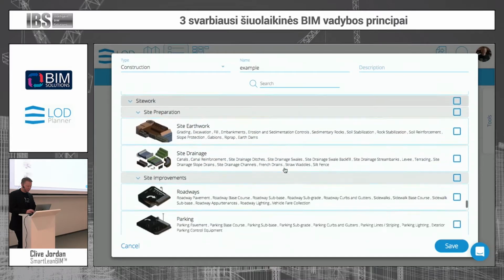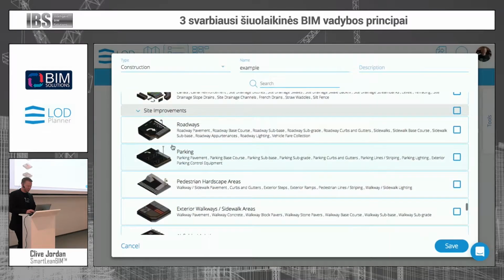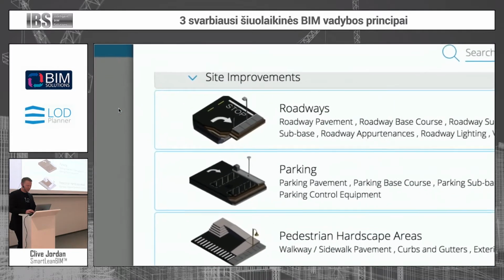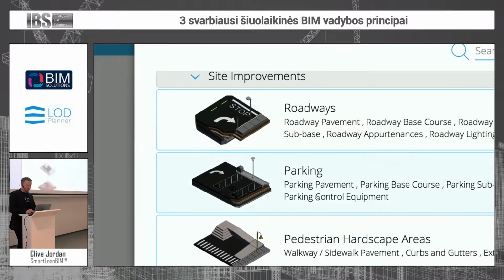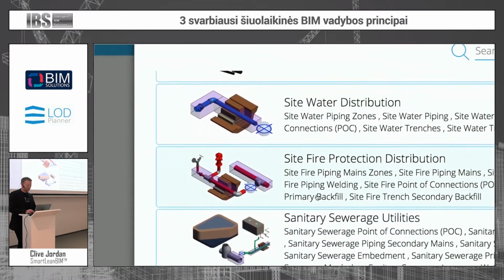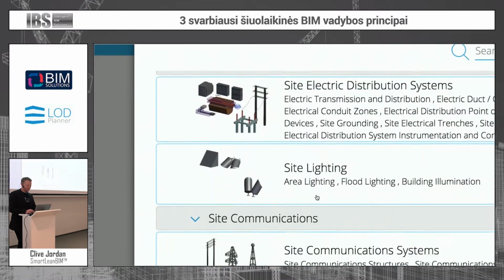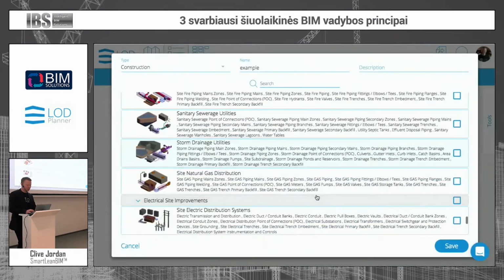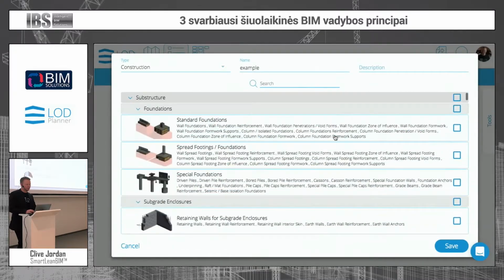Somebody said earlier about some site stuff, some civil stuff, so we've got, let me zoom in my browser as well, you can see it a lot better. So this is all content that you can choose from, and you can also request more as well. So our team is continually adding to this based on user requirements.